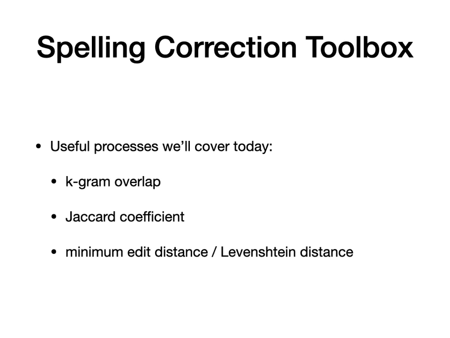There's a handful of them that are all useful. So first is k-gram overlap. Thankfully, we're seeing our old friend k-grams again. We will learn how to compute something called the Jaccard coefficient. This is a method of determining how well two sets of things overlap in a general sense.